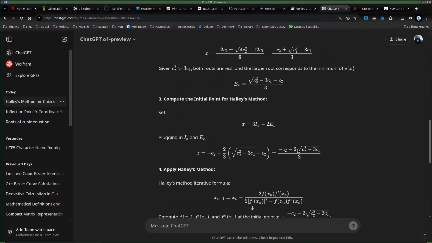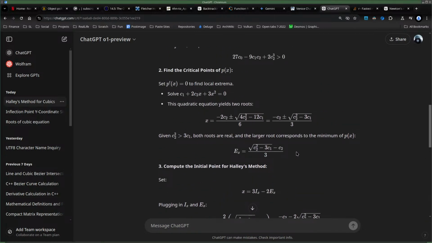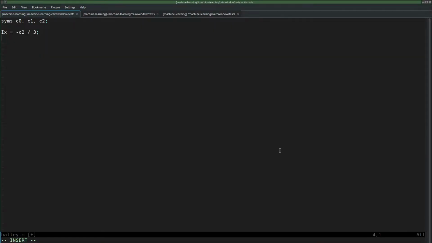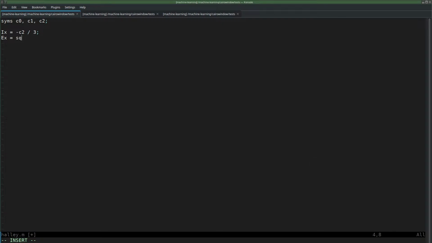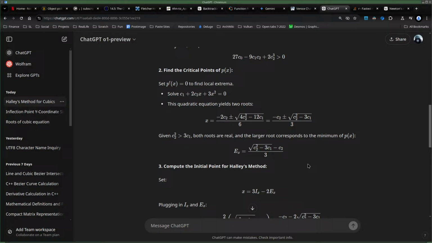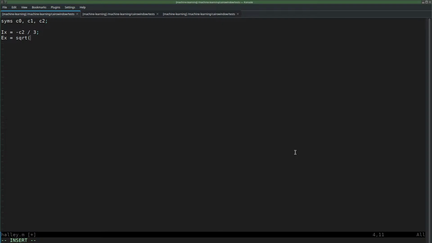And ex is this. No idea how I can do a square root. It's the first time I do a square root in Octave.